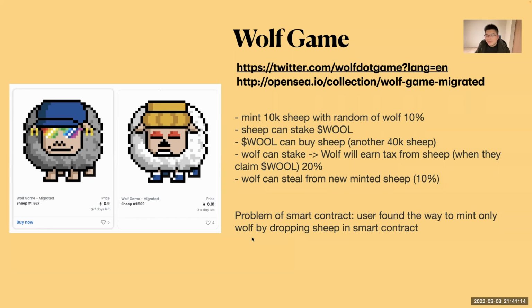If it was a sheep, they would throw it away or cancel the transaction, and keep going until they got only wolves. So they had to migrate the game and fix the problem. This means that when you invest money in an NFT with a use case like a game, be careful, because there might be risk from the smart contract.